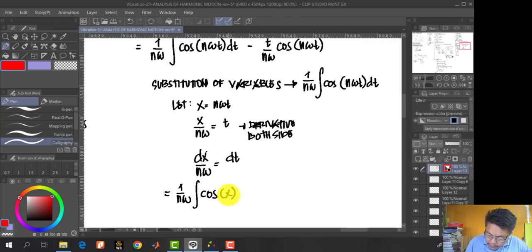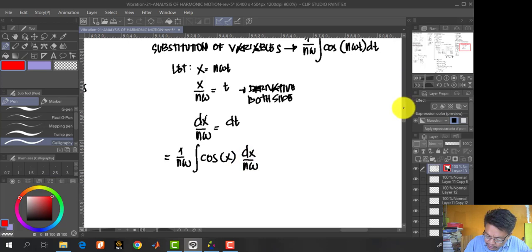Then for my dt, what is dt equal to? That will be dx over n angular velocity.